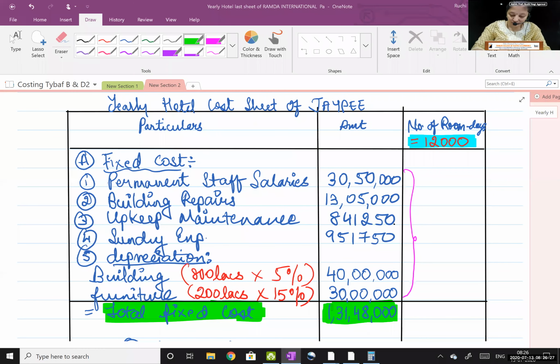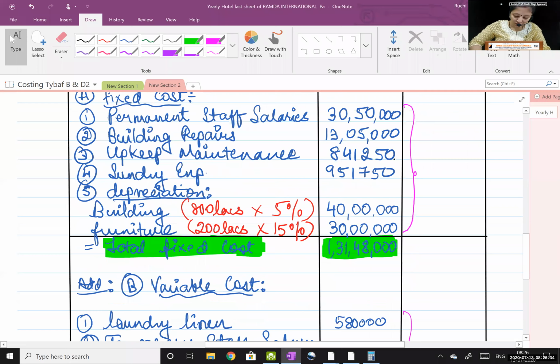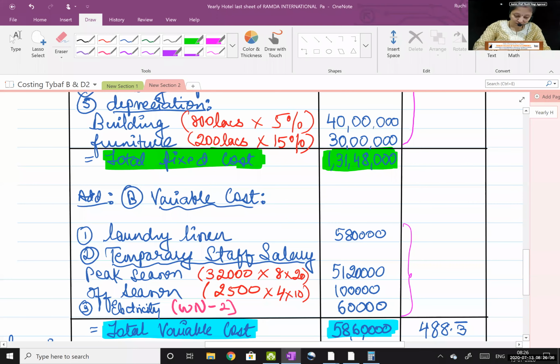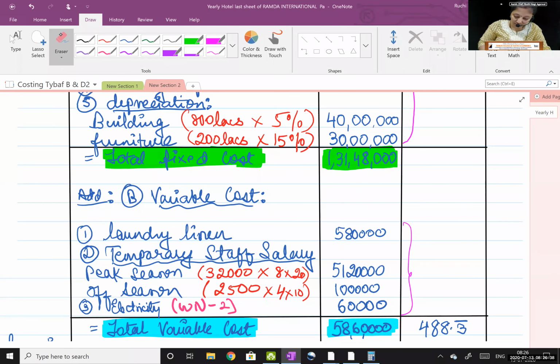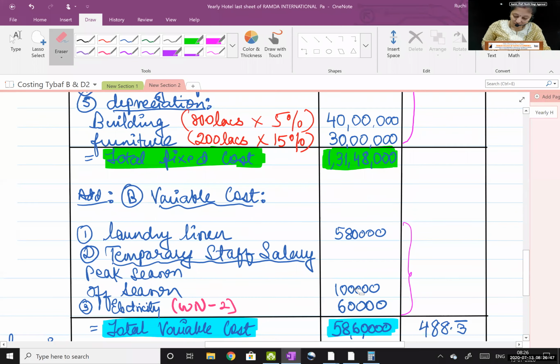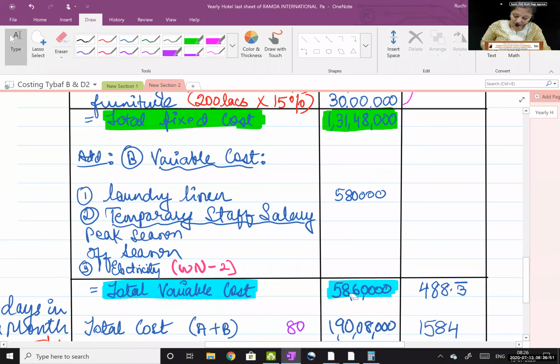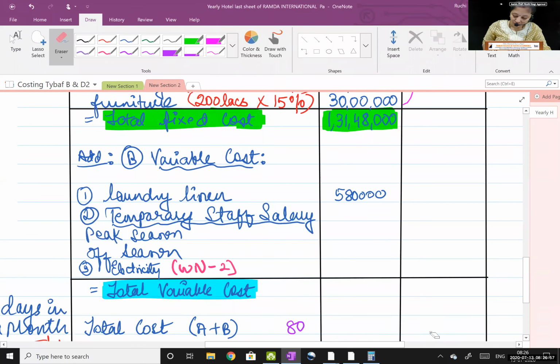Next, come to calculation of variable cost. Okay.